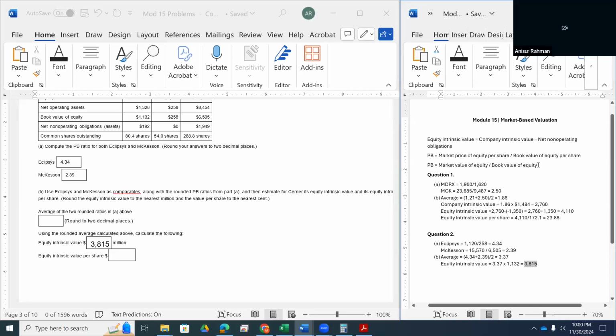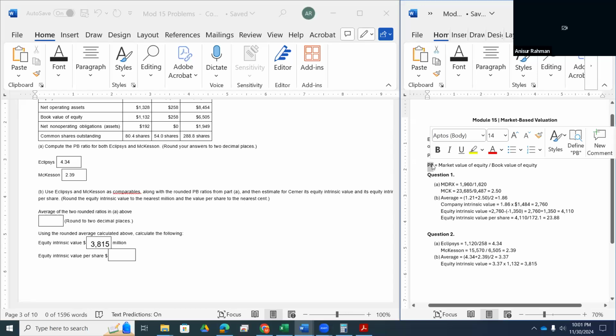So what the PB ratio tells you is, what is the market price of equity for each dollar of equity in terms of book value? In other words, $1 in terms of book value of equity is worth how much in the market now? That is what PB calculates.